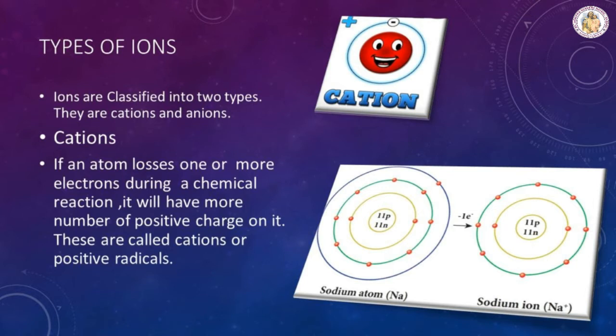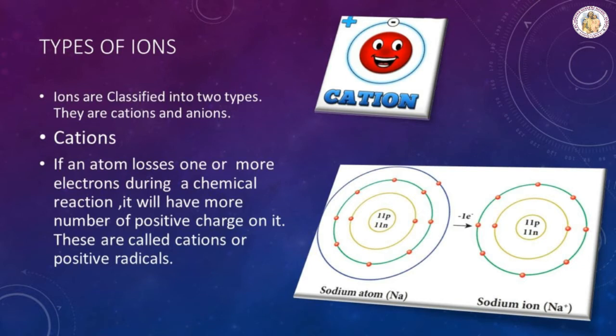Types of ions. Ions are classified into two types. They are cations and anions. Cations. If an atom loses one or more electrons during a chemical reaction, it will have more number of positive charge on it. These are called cations or positive radicals.